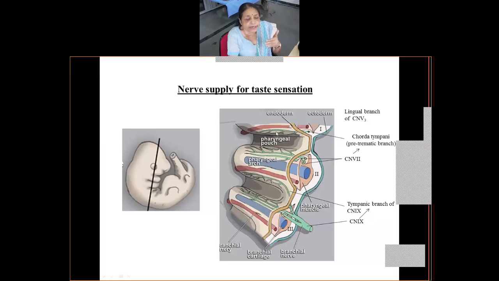It is the pretrematic branch, the chorda tympani, and that chorda tympani will carry the taste sensations from the anterior two-thirds of the tongue. Is it clear?